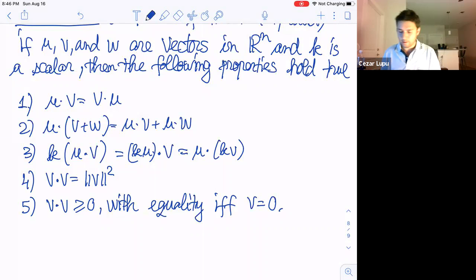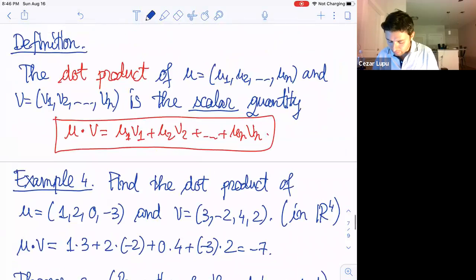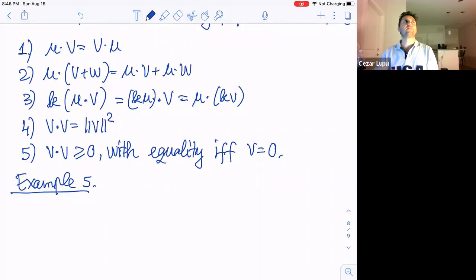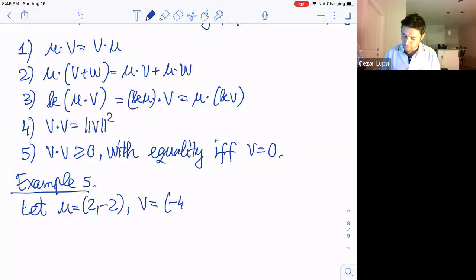Okay, now let's see an example, example number 5, I think. Let's consider the vector u. Let's take something in R2 so that the computations will be easier. Let's say u is (2, -2) and v is (-4, 3). And we want to find the following quantities.